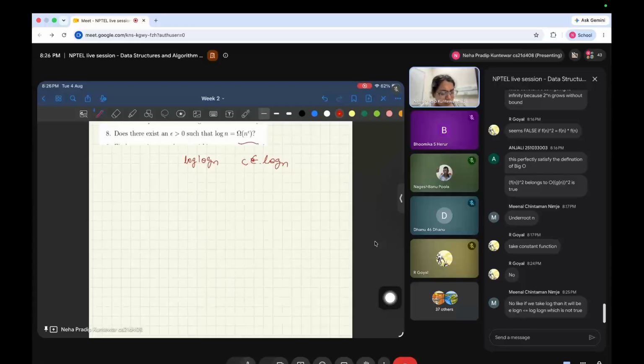So this is a larger function, right? If you choose your c prime appropriately, the one on the right hand side is your larger function. So this cannot be true.